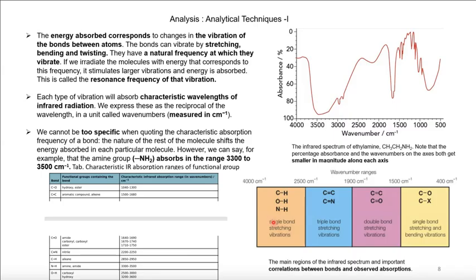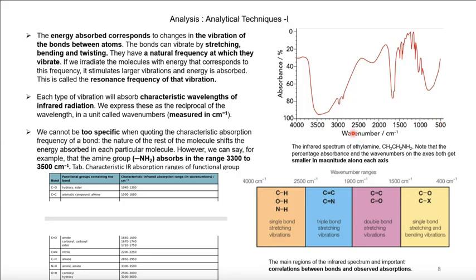We come to the spectrum we get in an IR spectrum, where the y-axis is the percentage of absorption, and here it is the measured wave number.